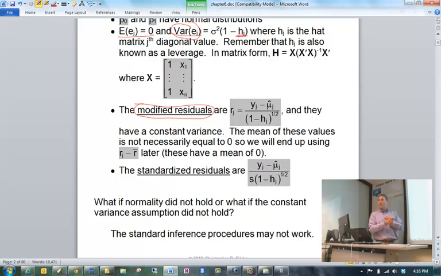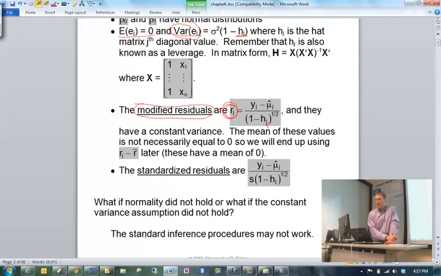This is going to be helpful when we do resampling, because, as you will see, we want to resample stuff that has the same distribution. Note though, by dividing by this hat matrix diagonal value, these modified residuals do not have a mean of 0. The reason why is that this h sub j screws things up.